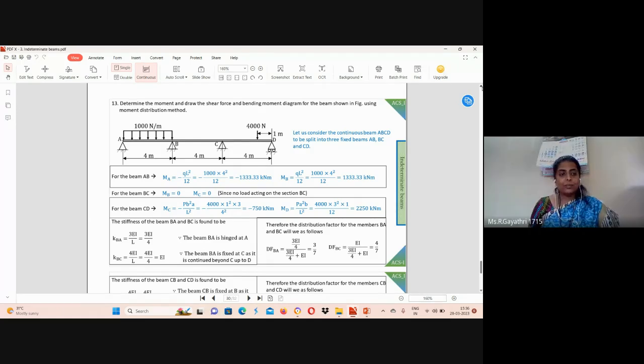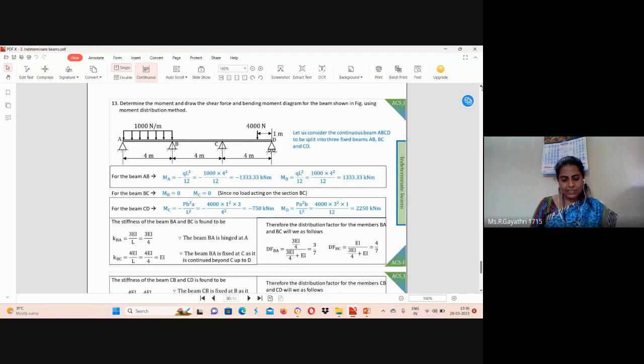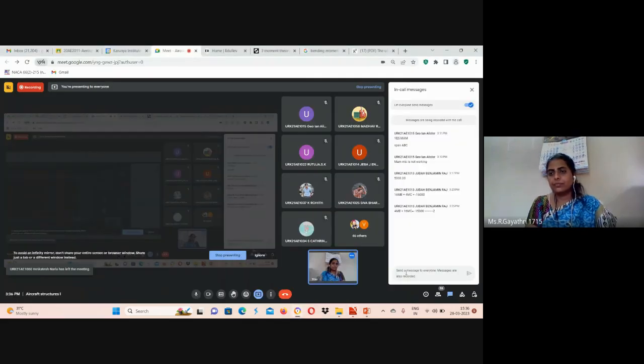Very good. 6000 into X D bar value 1.67, answer divided by LCD value 4, answer into 6. 15,030, right?